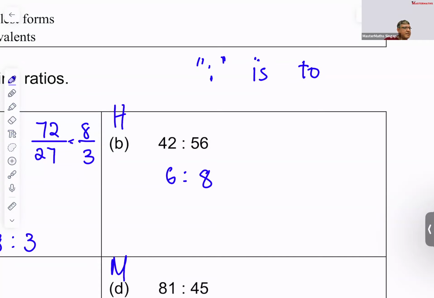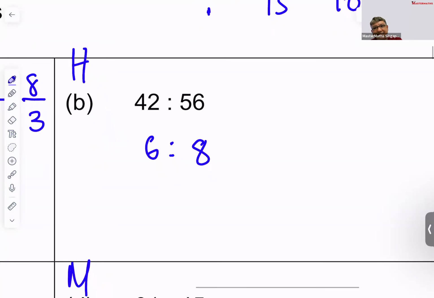What do you think? No, it's wrong. Why? Because 6 and 8 can still be divided by 2. So I divide by 2, I get 3 to 4. So this is the answer. Simplify like that lah. When you simplify fractions, as long as you can divide, you carry on dividing until you cannot divide anymore. So this is the answer.